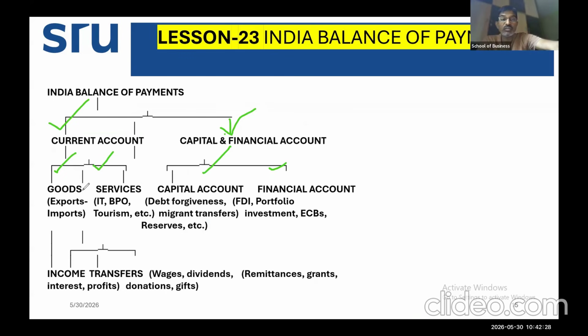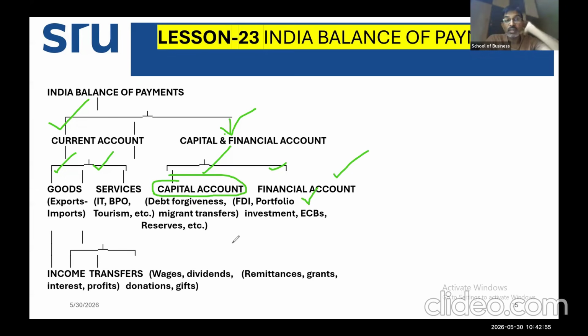Under goods, that is exports and imports, and services are IT and BPO, tourism, etc. Under capital account, debt forgiveness, migrant transfer, reserves, etc. And in the financial account, you have portfolio and other investments.